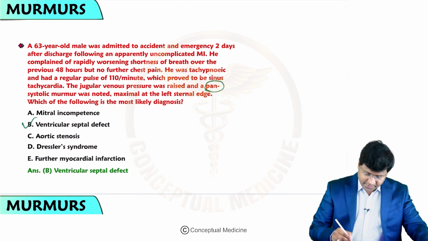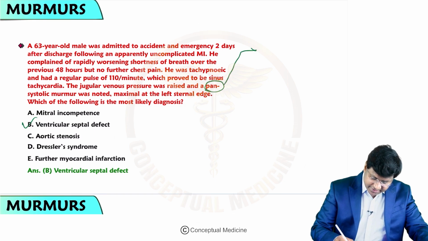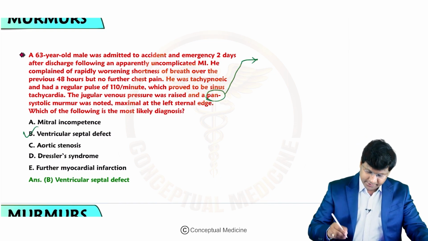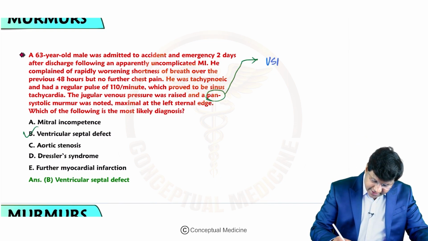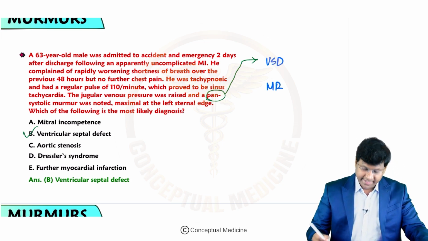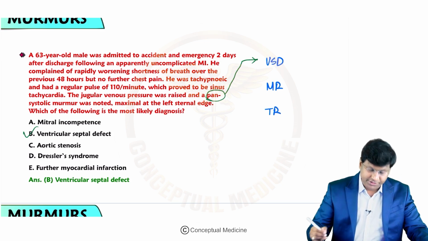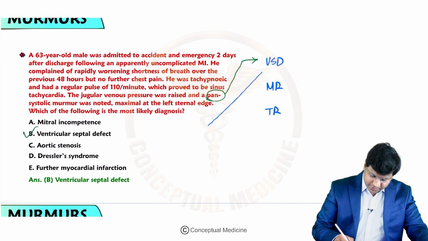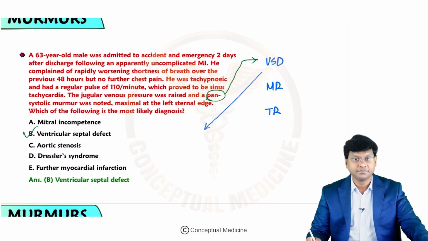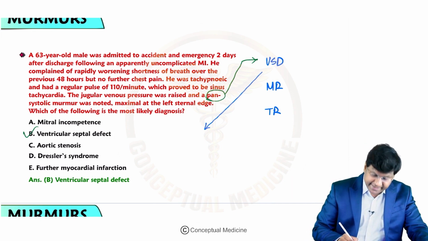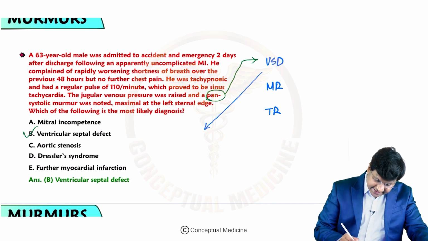I'll explain. Pansystolic murmur is the one heard in patients with ventricular septal defect, in patients with mitral regurgitation, and in patients with tricuspid regurgitation. So how do you differentiate this? In patients with ventricular septal defect, let me tell you, it is a pansystolic murmur heard at the left sternal edge.